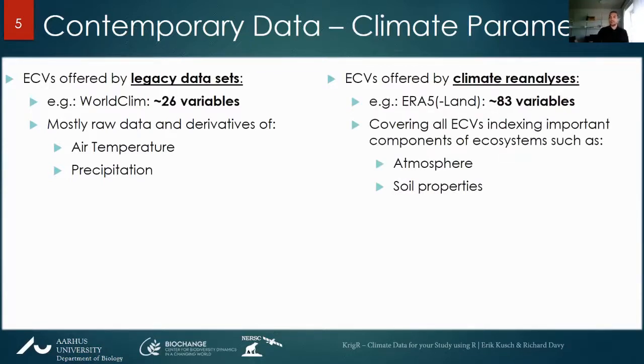Whereas on the other hand, with ERA5 and ERA5 land, which are the ones that we're targeting in KrigR specifically, we get around 83 variables, which cover all of the ECVs which are out there that index important components of ecosystems and their potential interactions with the abiotic world, ranging from the atmosphere all the way down to soil properties such as soil moisture or soil temperature.